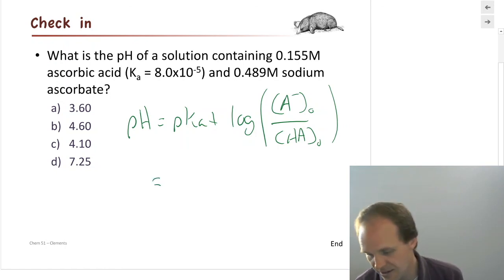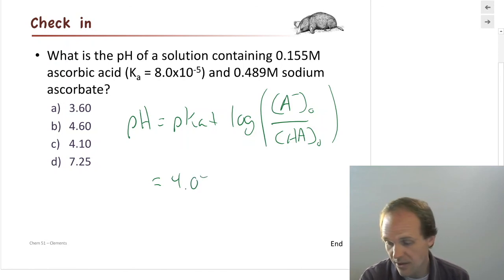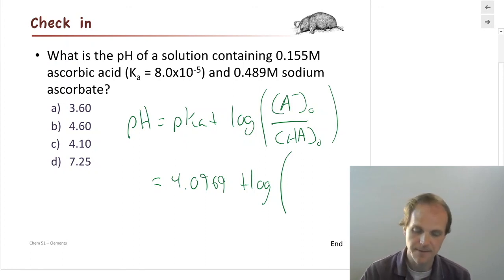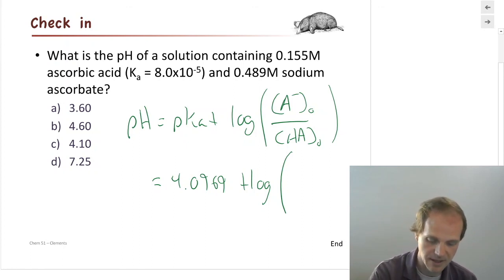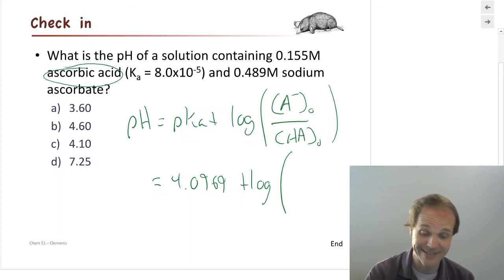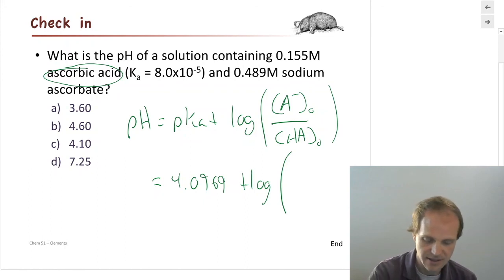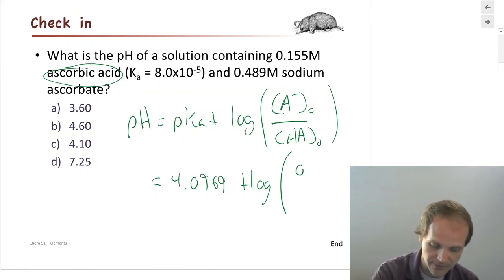The pKa here is going to be 4.0969 plus the log of, which one's our A minus? The sodium ascorbate is going to be our A minus because the ascorbic acid is the acid and the ascorbate is the conjugate. So we're going to put our 0.489 over 0.155.